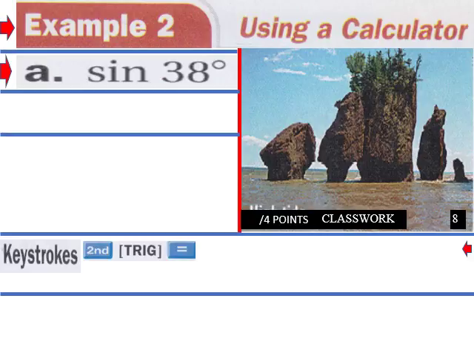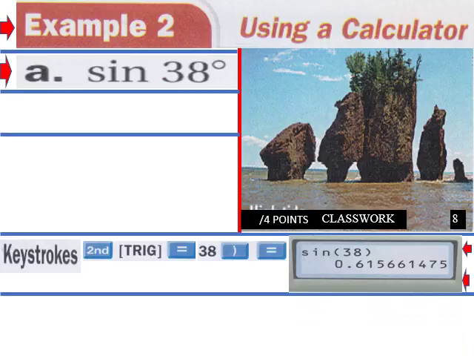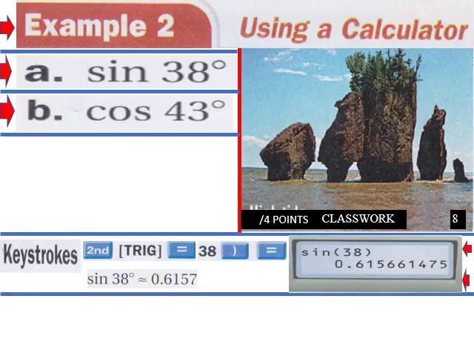At least on this calculator, on the TI I don't think you have to do the second, but anyway, trig, 38, and we go sine. So sine 38 degrees equals 0. and this number here.